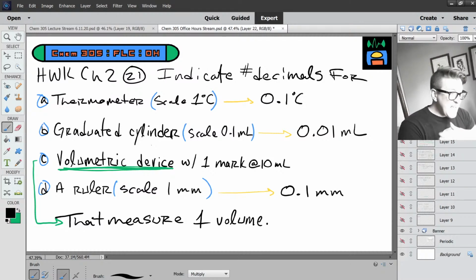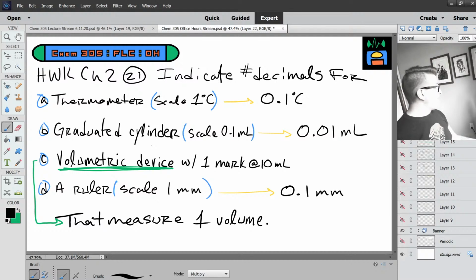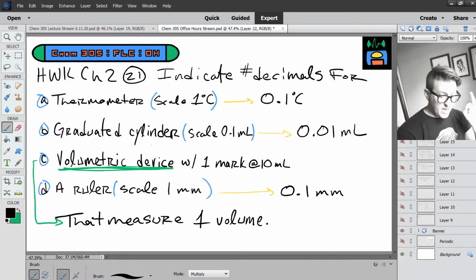It doesn't measure any other volume. All right? Now, that being said, it measures that one volume very, very, very accurately, all right? And it always does so to 2 decimal places.